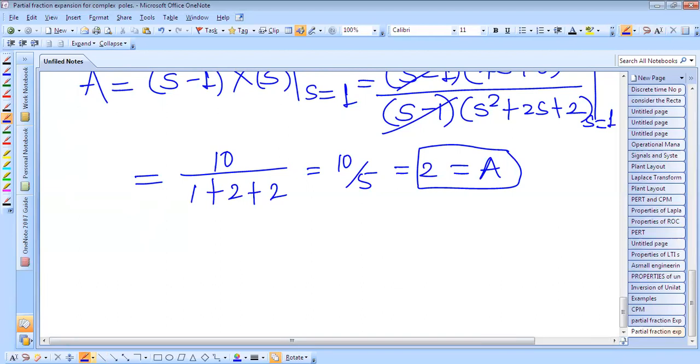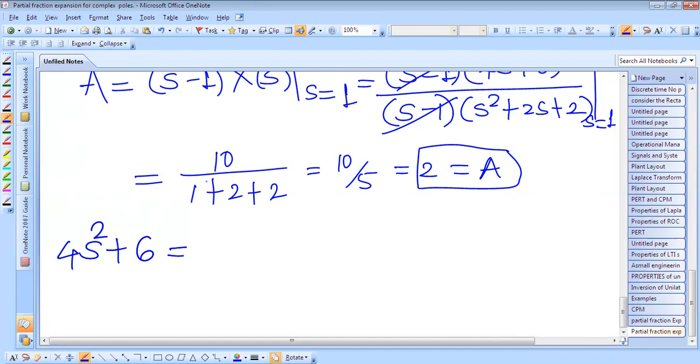Therefore we can write 4s² + 6, and we have to take the common denominator from both sides of this equation.